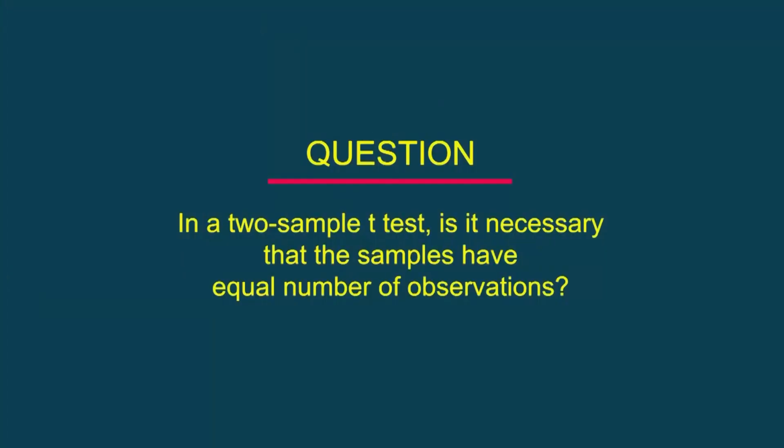So is it necessary that for a two sample t-test, the sample sizes should have an equal number of observations? Yes, here we have two different sample sizes, and a t-test does not require that the sample sizes are to be equal.